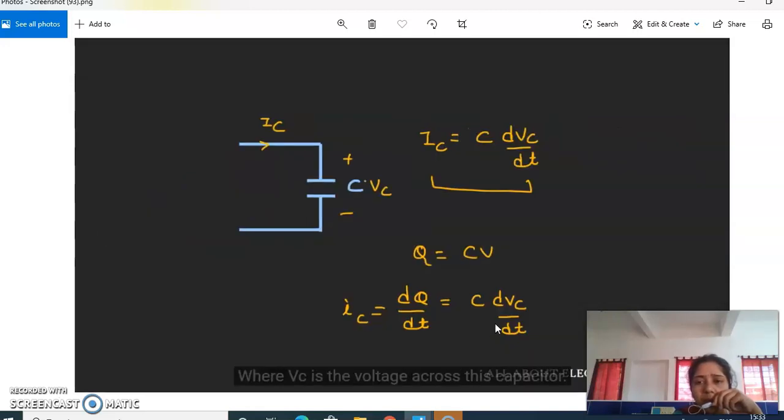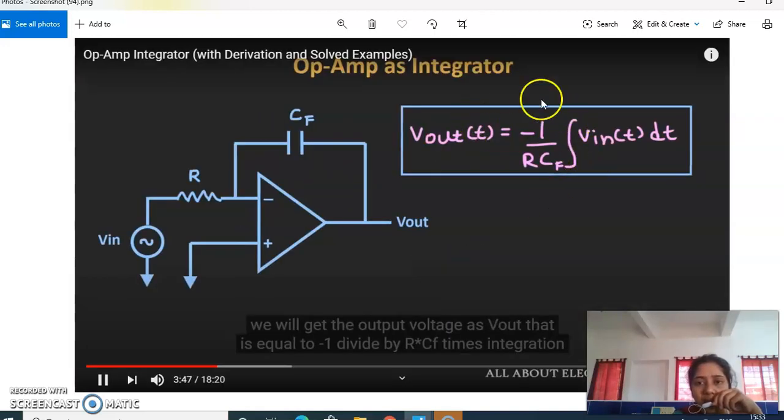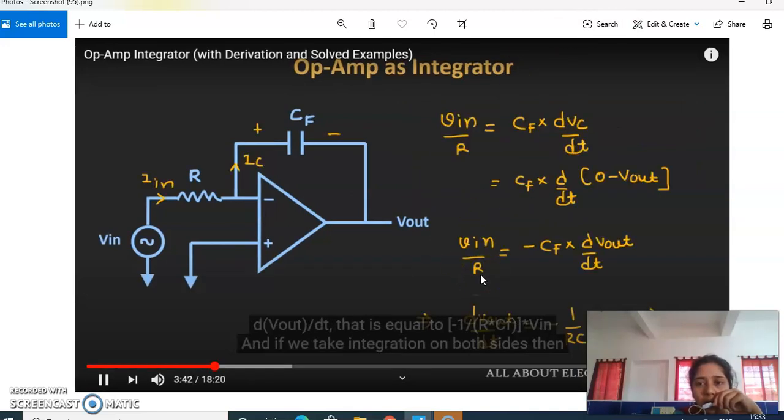How can we get the final expression here? We equate both the currents, In equals IC. In equals Vin by R, and IC equals C into dVc by dt, where C is the feedback capacitance CF, so CF into d by dt of Vc. We can write the capacitor voltage Vc as 0 minus Vout, that is the capacitor voltage.